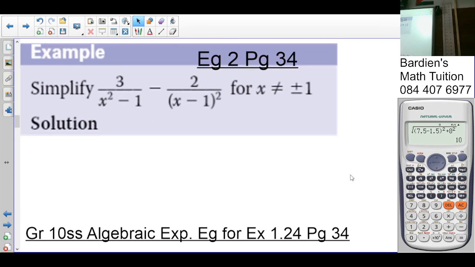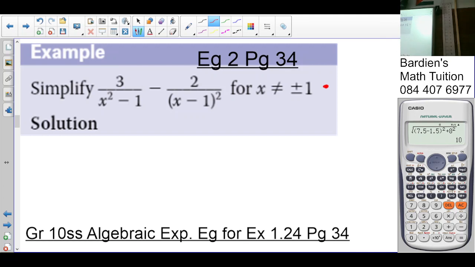Let's look at the next one. Again, the question says simplify. We've got 3 over x squared minus 1 minus 2 over x minus 1 squared. So what needs to be done first? Factorize the denominator. So make a note there: factorize the denominator before finding an LCM.